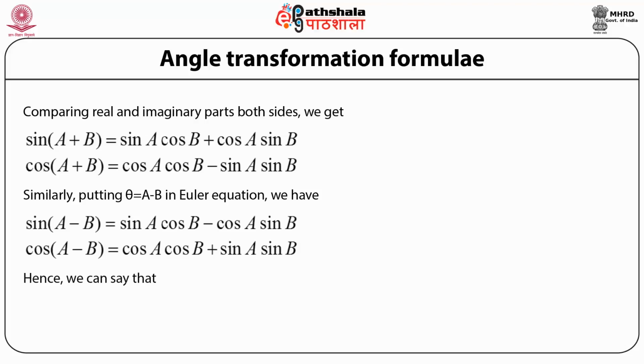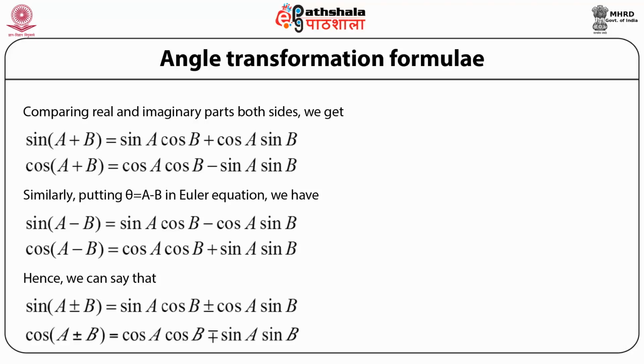So in general we can always say that sine of A plus or minus B will always be equal to sin A cos B plus or minus cos A sin B. You can quickly remember this: sine of angles will always give the same sign, right?